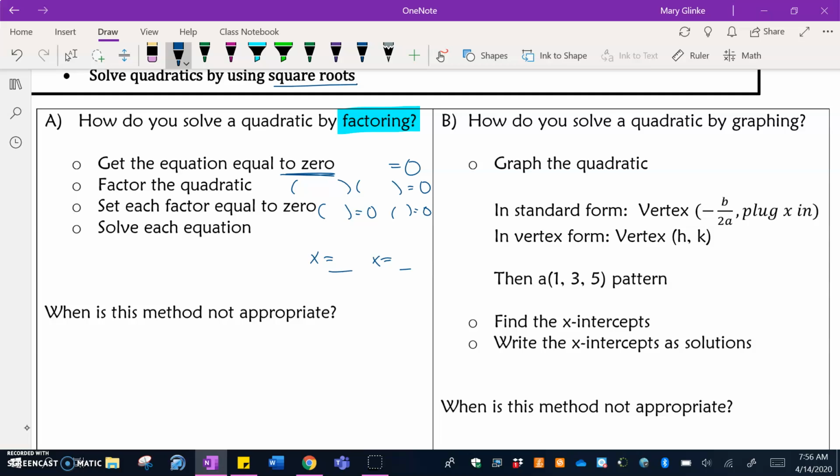Now this method is really nice. It's probably one of the quickest methods, but it's not always going to be appropriate. Sometimes it just isn't going to work. When it doesn't work, it is not appropriate to use this method, meaning it's not factorable.